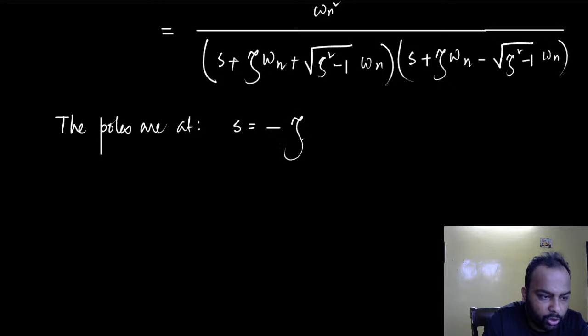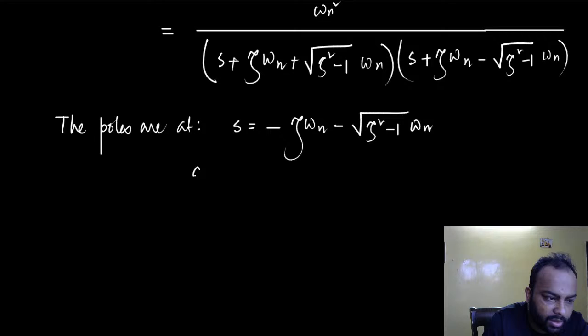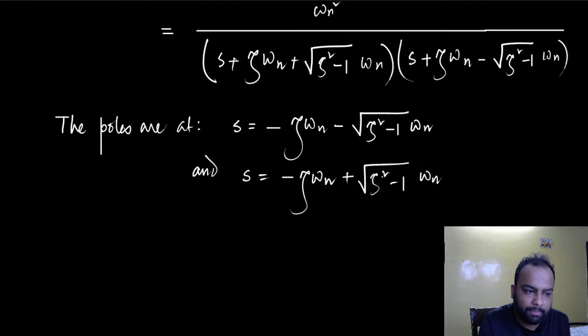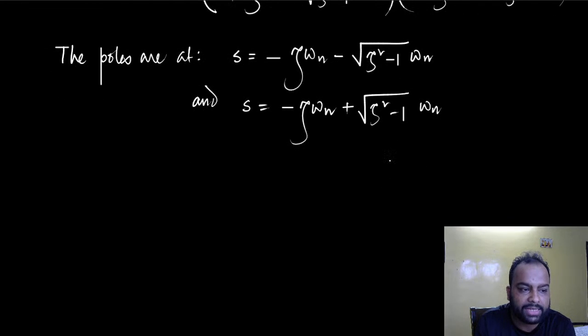So s equals minus zeta omega n minus root over zeta square minus 1 times omega n, or s equals minus zeta omega n plus root over zeta square minus 1 omega n, so that the denominator is 0. These are the pole locations. Now of course these are real poles. You can understand that these quantities are just fixed real numbers.